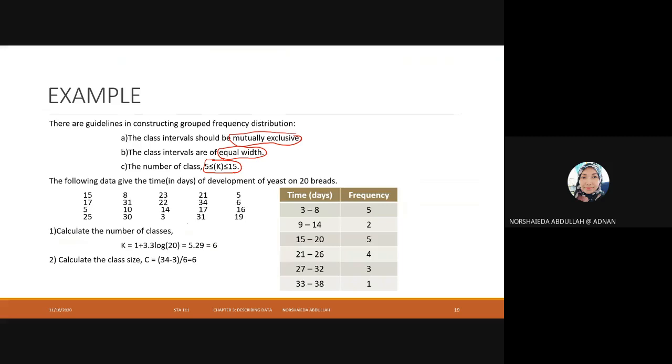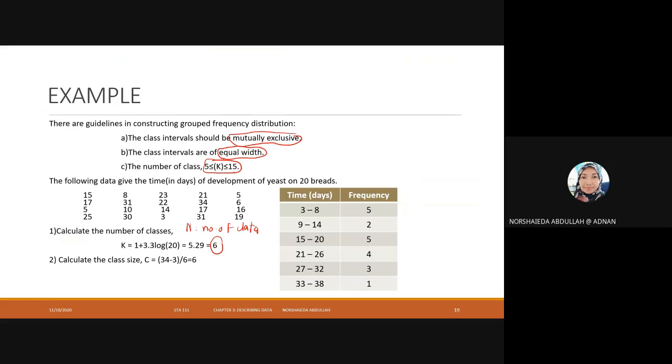The n is the number of data. We have 20 data here, so n is 20. So 1 plus 3.3 log 20 equals 5.29. We round it up, so it becomes 6. So our table will have 6 classes.